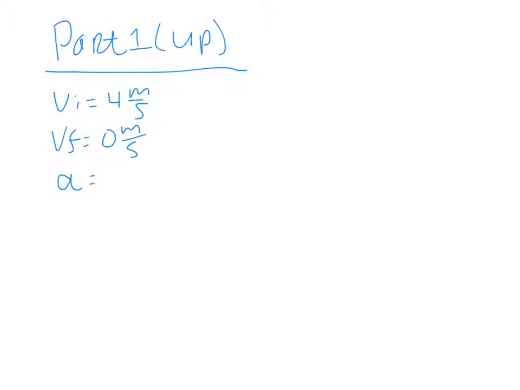And again, we know that the acceleration is g, so negative 9.8 meters per second squared. We'll be able to find out how high the diver goes and also how long it takes to get to that maximum height. Given V final, V initial, and a, looking for delta y, you don't have time, so let's use the no time equation.